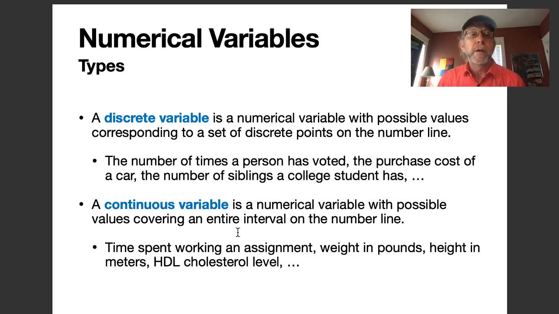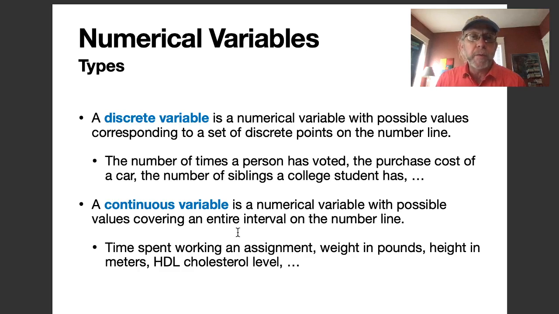On the other hand, continuous variables have possible values that come from an entire interval along the number line. So if you think about, for instance, weight, you might usually report your weight as a whole number, like 187 pounds, but really your weight is probably not exactly 187 pounds.